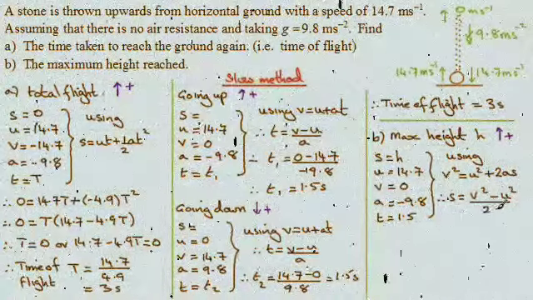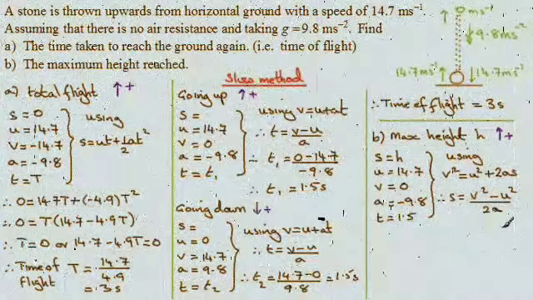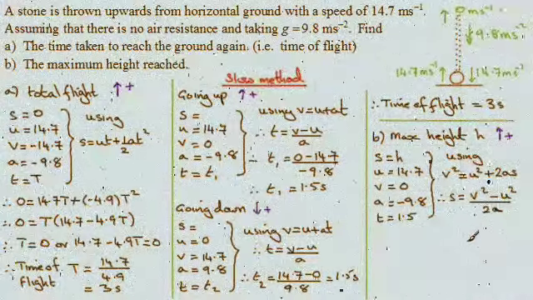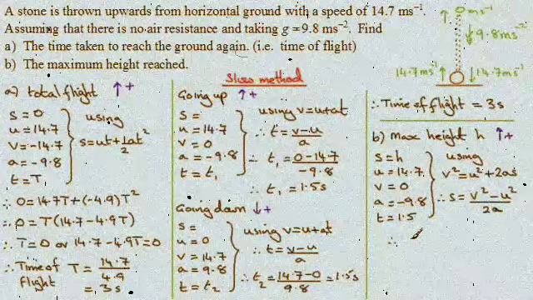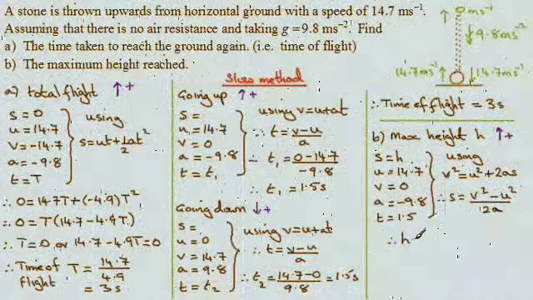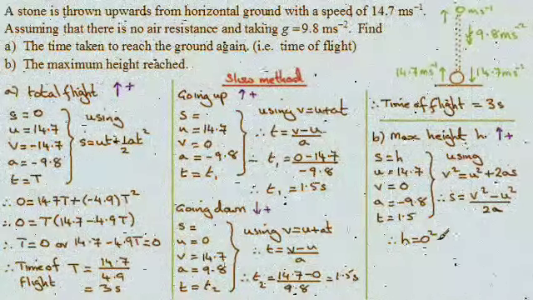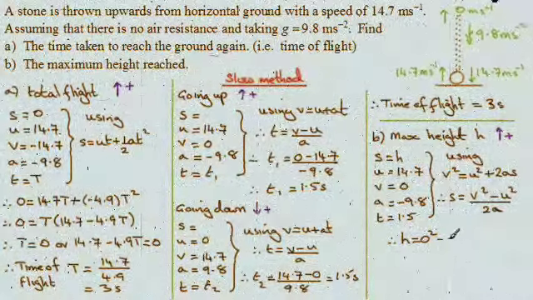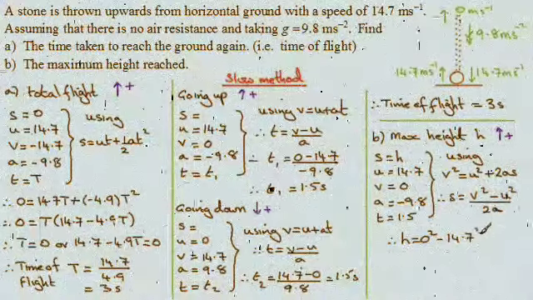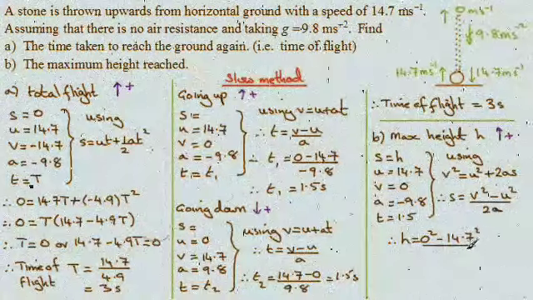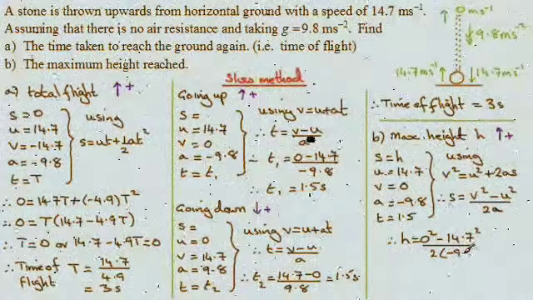You might not want to rearrange your equation straight away, okay? You might want to just substitute your numbers in and then rearrange it. Obviously that's up to you. So substituting the values in, for s we've got h, and this equals v squared, so that's going to be 0 squared, minus u squared, so that's going to be 14.7 squared, and that's all divided by 2a, so that'd be 2 multiplied with minus 9.8.